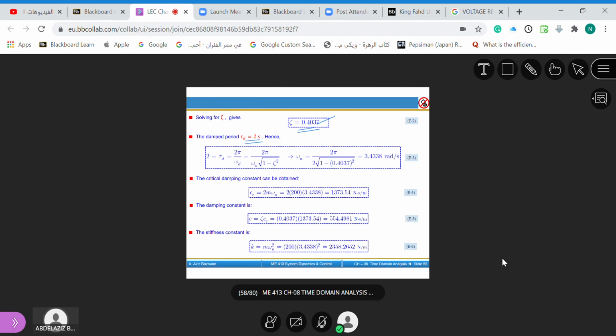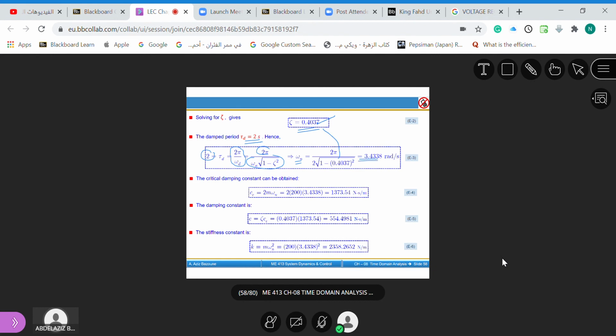So here, since the damped period is 2 seconds, it is 2 pi over omega d, or 2 pi over omega n times the square root of 1 minus zeta squared, we can solve for omega n, because omega d is the same as omega n times the square root of 1 minus zeta squared. Zeta is from here 0.4037.